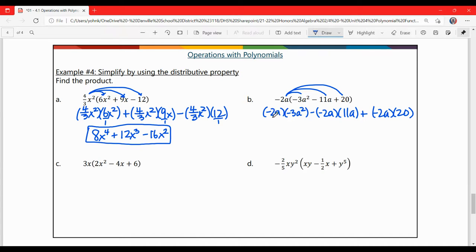This is going to give me 6a to the 3rd. Then we have negative 22, but minus a negative 22, so that's a plus 22a squared. And then I have a negative 40a. No like terms, so I'm done.